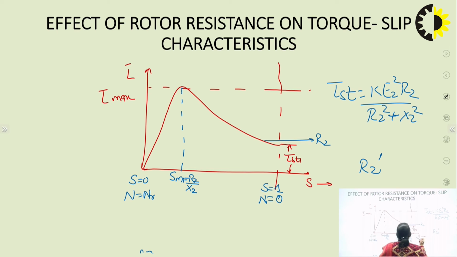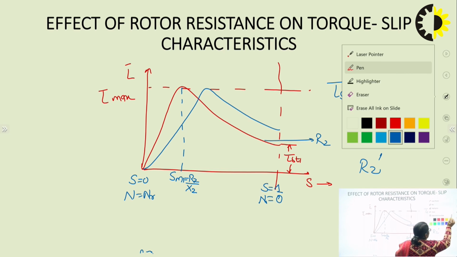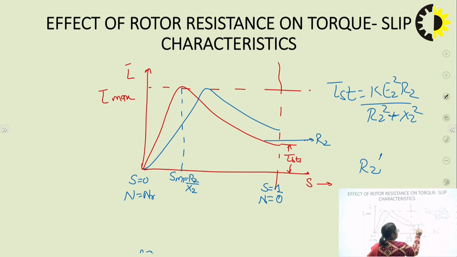If that is so, the characteristics will move like this. This is tau ST2, the new starting torque, which is the increased value. Earlier, we used to have this as the starting torque.